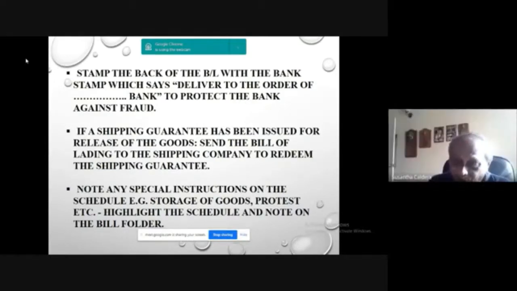Because when you lift the entire set, no? The only thing is the BL is endorsed to the bank. It has to be re-endorsed to the customer, signed by the bank's authorized signatories. Can they clear? No. Yes. In principle, no. But in practice, if you want to clear, yes, you can clear.